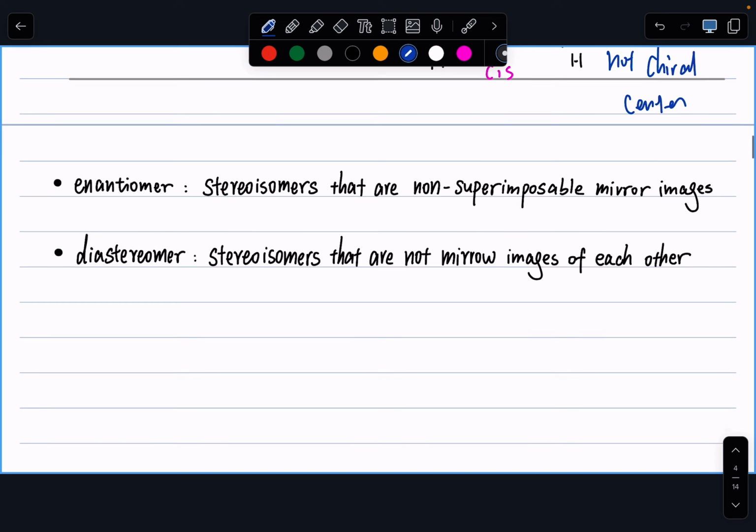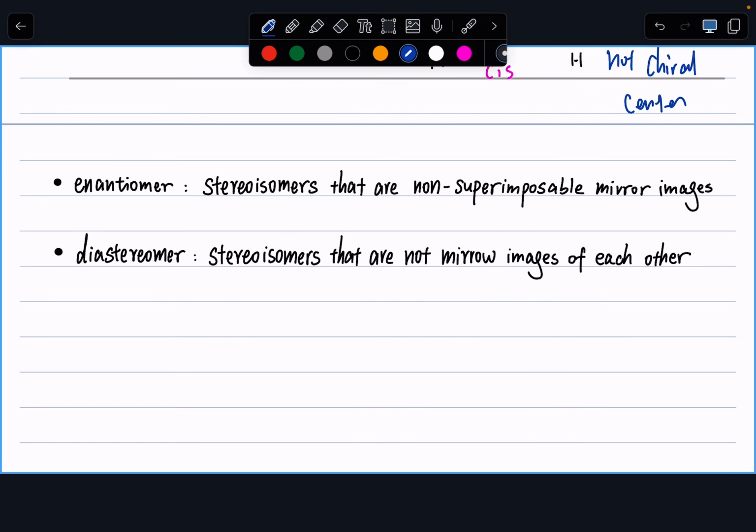Okay, and the next concept we have is enantiomer and diastereomer. For this pair, I'll go a little bit slowly. If you have a molecular kit, feel free to play around with it and plug things on and off. This pair comes up when you have more than one stereocenter.